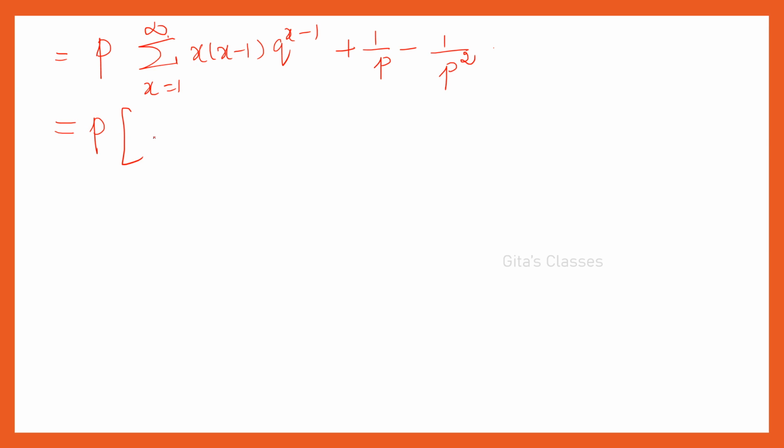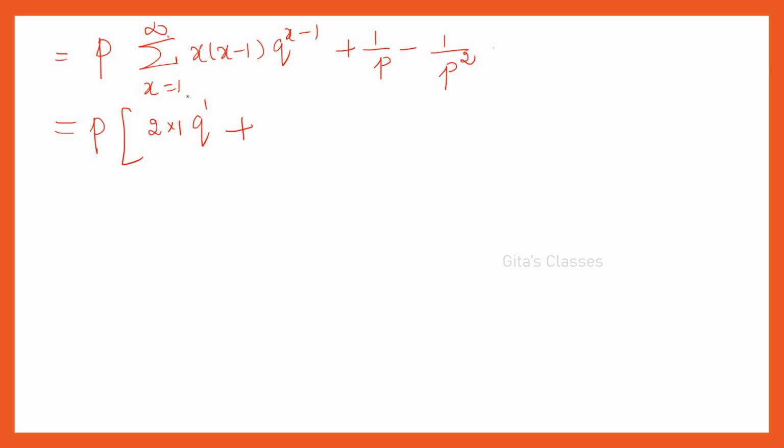So this is equal to p into, now substitute x is equal to 1. When you substitute x is equal to 1, this will become 0, right? When you substitute x is equal to 2, you will get 2 into 1 into q power 2 minus 1, that is 1. That is 2q, right?